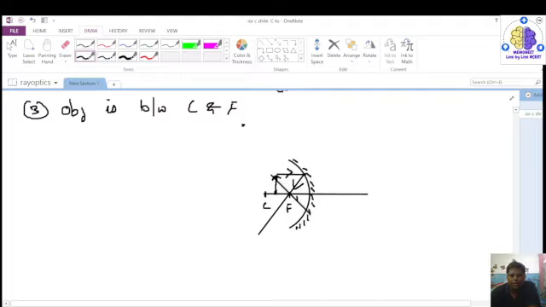This is your incident ray. So this after reflection will travel parallel to the principal axis. See, again the image formed is not appropriate, so let me do one thing.